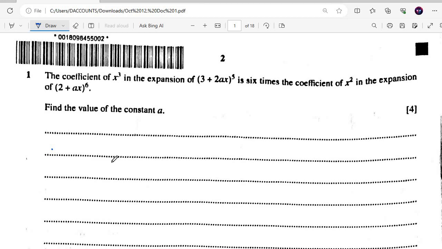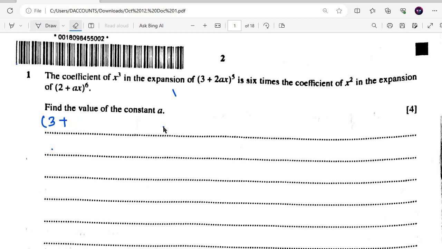First, what we need to do is expand. Let's expand (3 + 2ax) raised to the power 5.